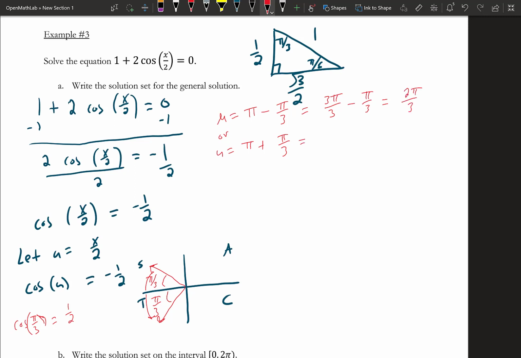And then here this would be equal to 3 pi over 3 plus pi over 3, which equals 4 pi over 3. So in other words, u equals 2 pi over 3, or u equals 4 pi over 3.